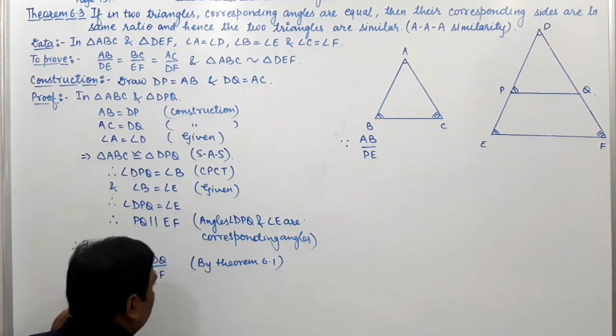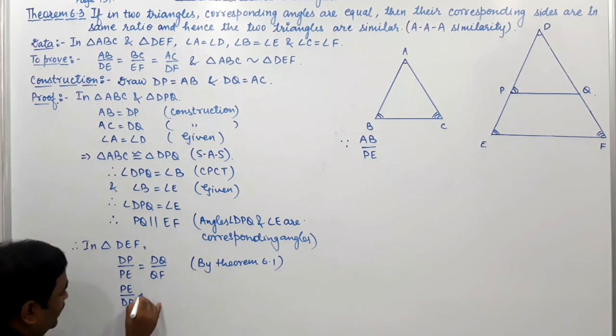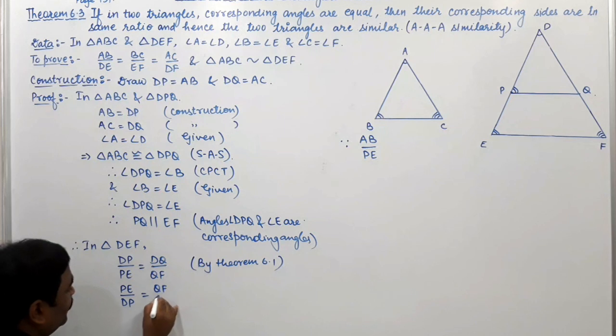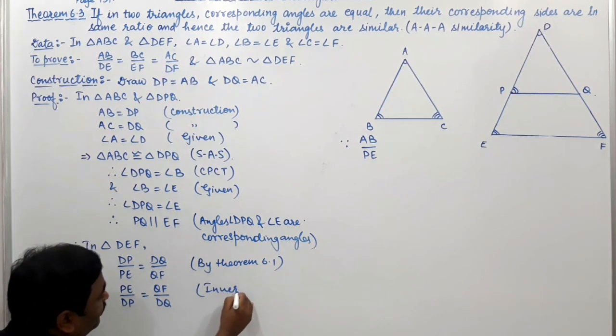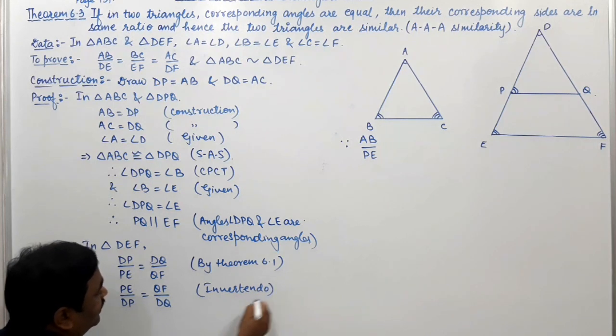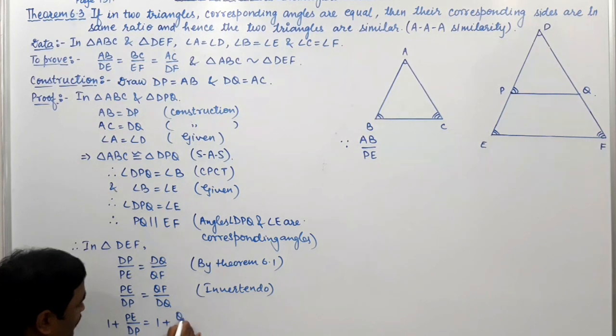So you just invert this fraction. It can be written as PE upon DP equals QF upon DQ. Is it? By invertendo rule, we inverted it, right? Now adding 1 to both sides of this equation, it can be written as 1 plus PE upon DP equals 1 plus QF upon DQ.